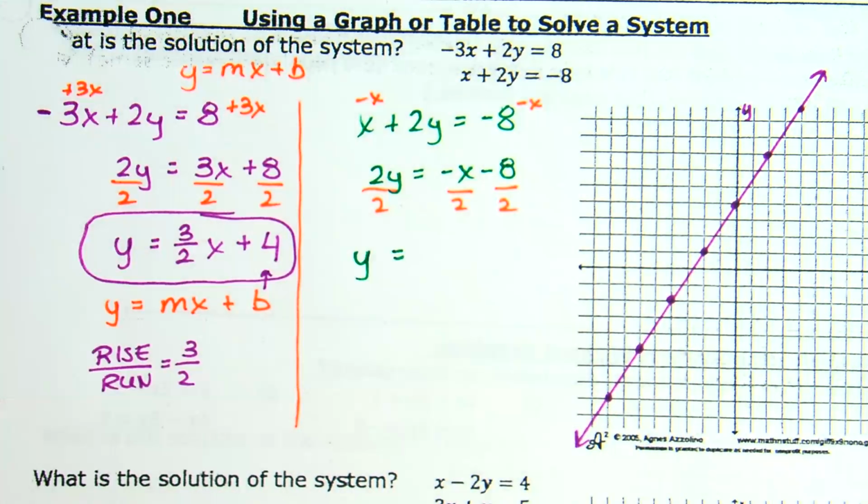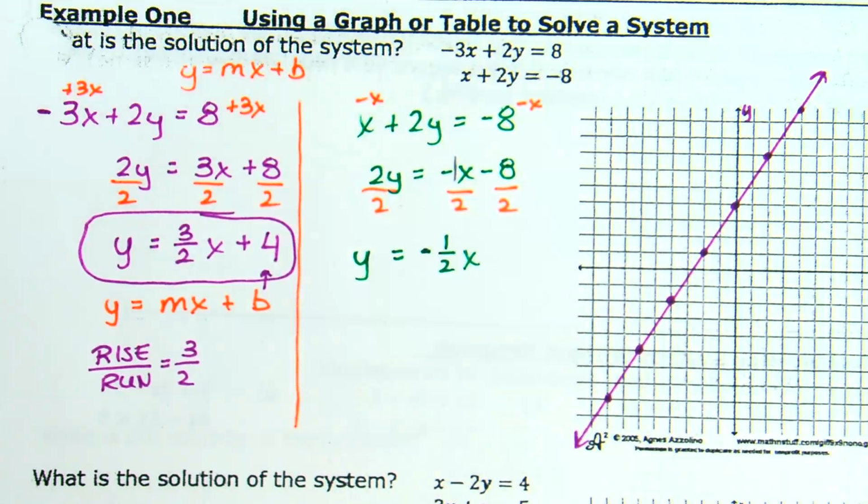Yeah, there is an invisible what in front of that x? There's an invisible 1 there, isn't there? So this is negative 1x. The best way to think about this would be negative 1/2 x, is what I would write that as. Minus 8 divided by 2 is 4.